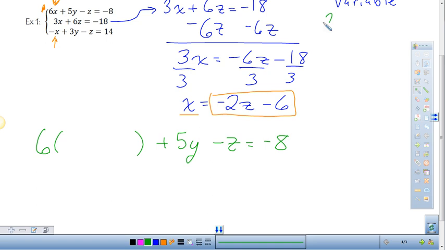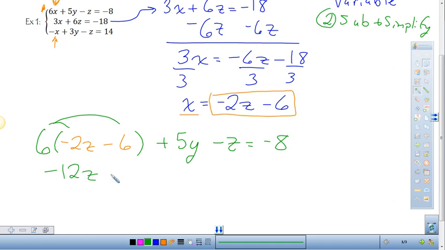So our second step here is to substitute and simplify. So substitute in this guy and simplify it. So we've got negative 2z minus 6. I'm just going to distribute: negative 12z minus 36 plus 5y minus z equals negative 8. And then I'm going to combine my like terms.